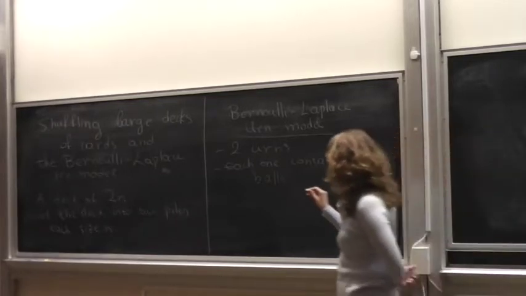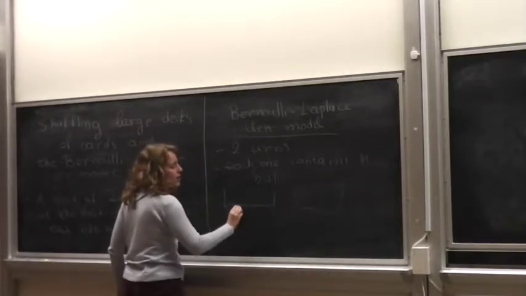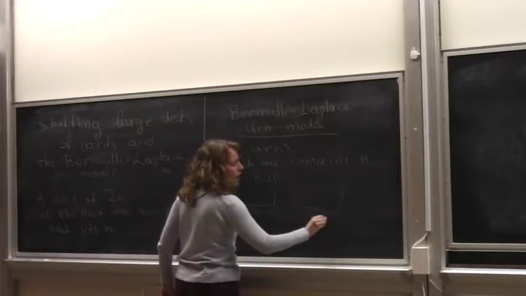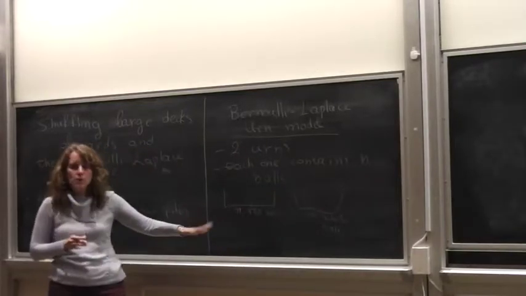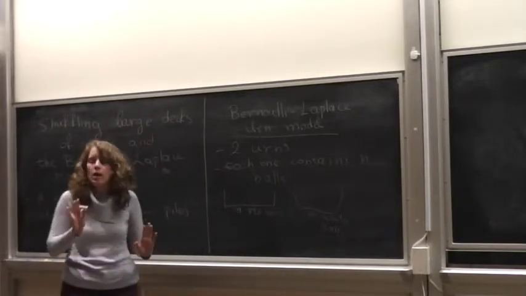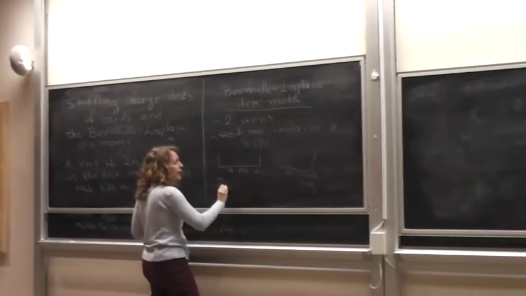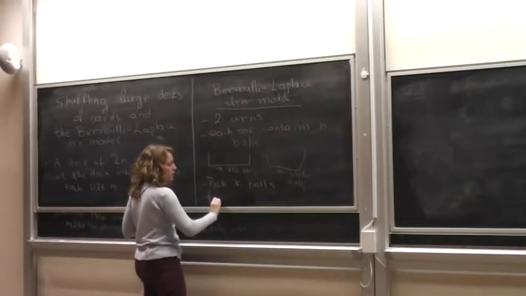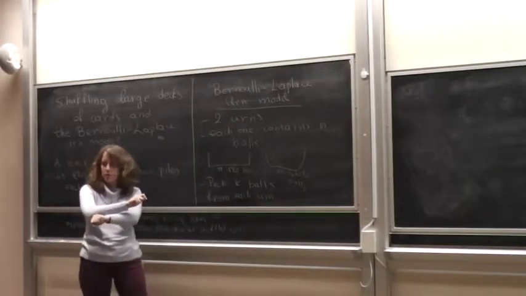Let's say that at the beginning I have 2 urns here. Here I start with n red balls, and here I start with n white balls. There is no distinction among the red balls, and there is no distinction among the white balls. A red ball is different than a white ball. The model suggests now to pick k balls from each urn and switch them.